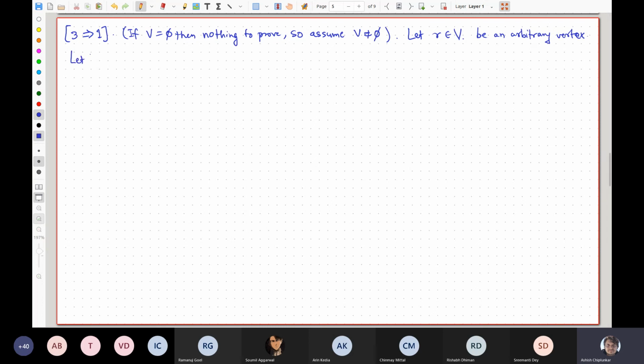Let V0 be the set of all v in V. Right, so remember the graph is connected, so there exists at least one walk from R to every vertex in the graph. So V0 is the set of all vertices such that there exists an even length walk from R to v.